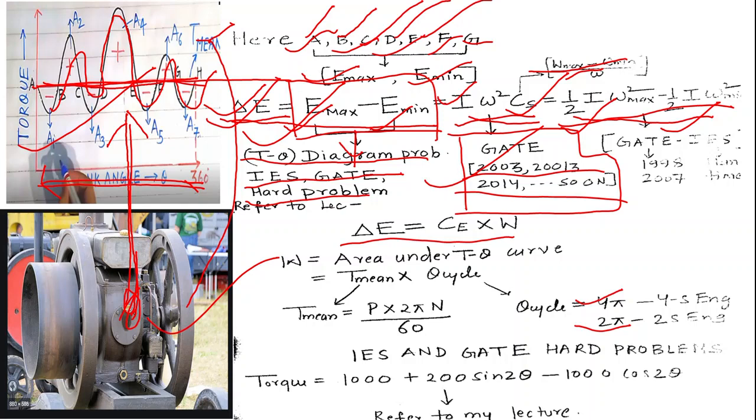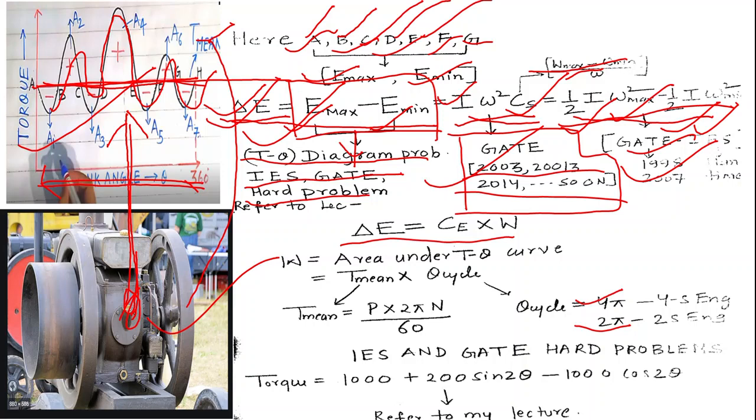This is another formula, where omega max is the maximum velocity of the flywheel in the cycle, and omega min is the minimum velocity of the flywheel in the cycle. Problems based on this formula about the determination of delta E have been asked many times in the GATE and ES examinations. You can find it very easily, where I is the moment of inertia of the flywheel.